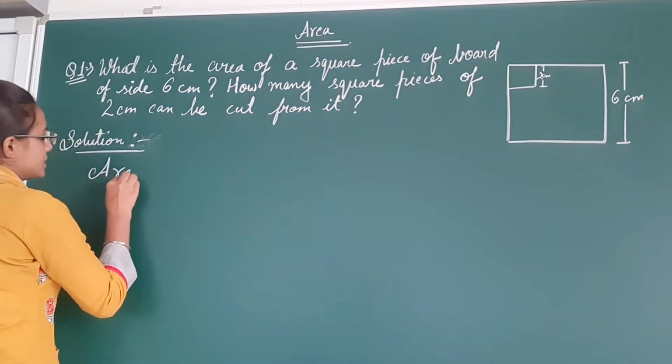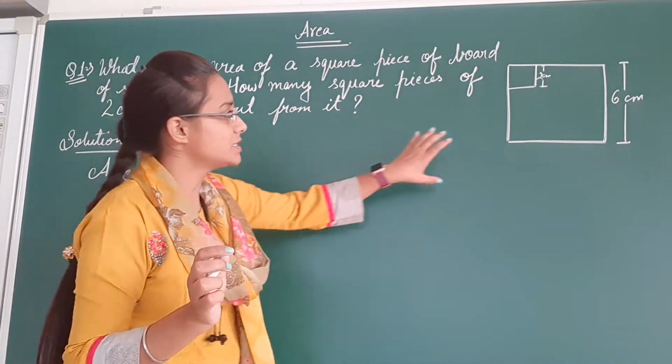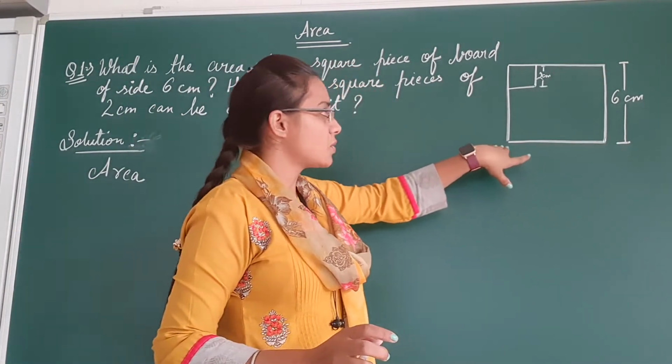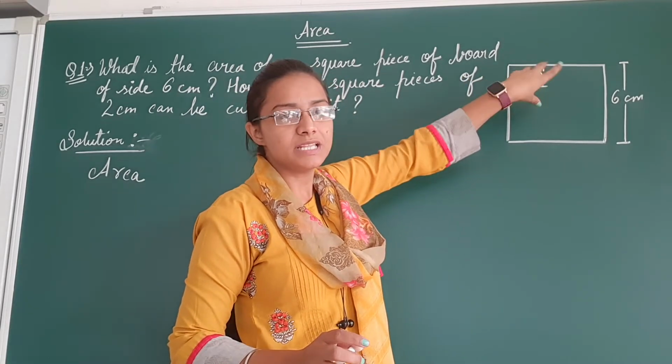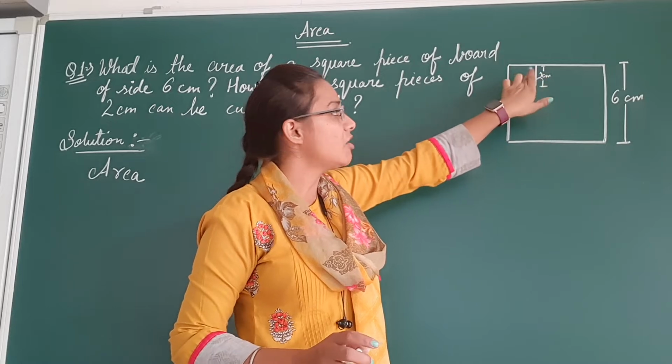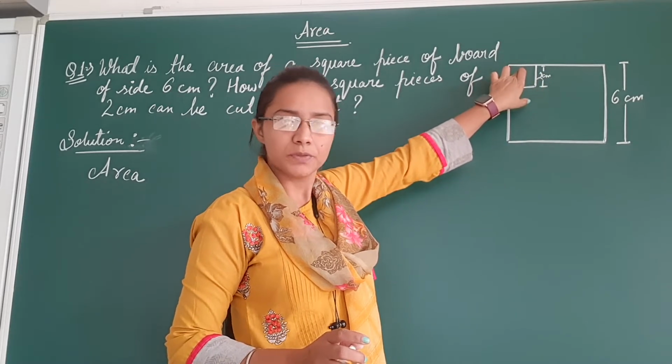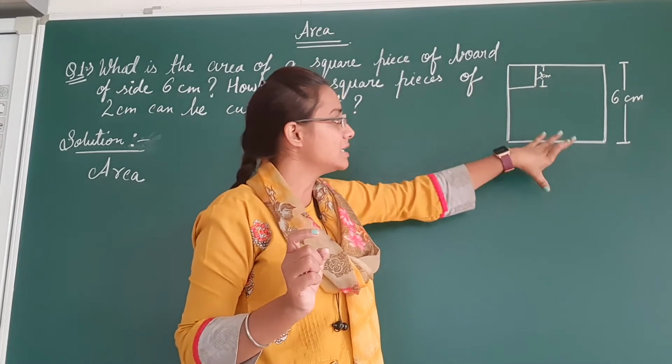Or else we can see here that this is a large square and this is a smaller square of side 2 centimeter. That means we must know the area of this square also, the smaller square and the bigger square.